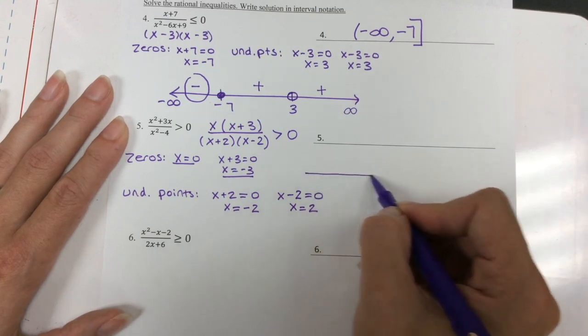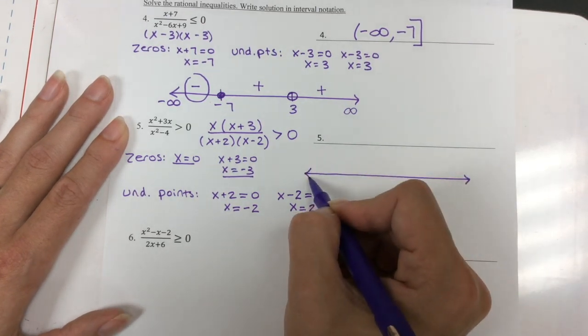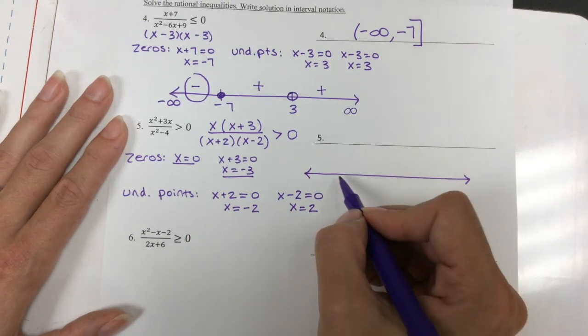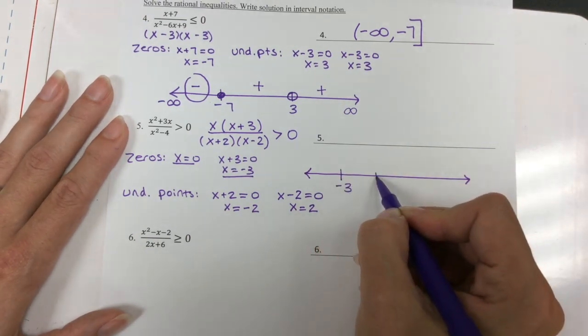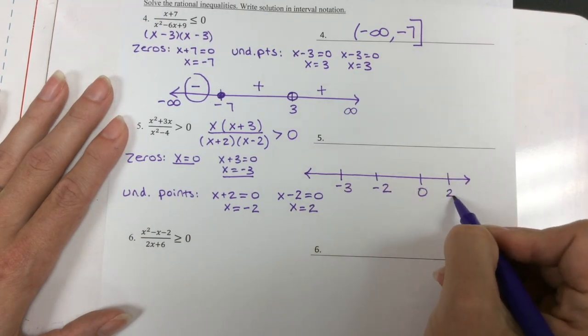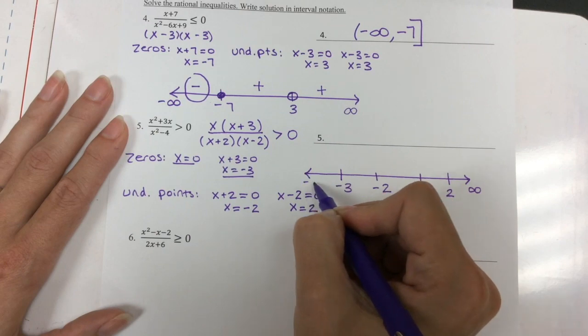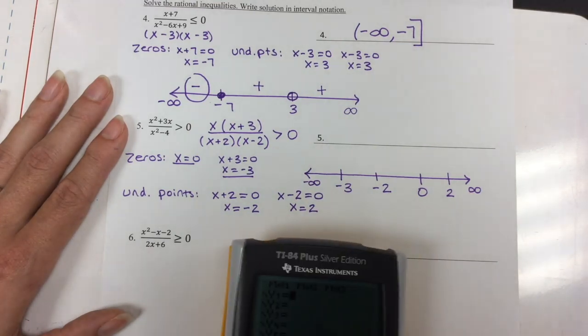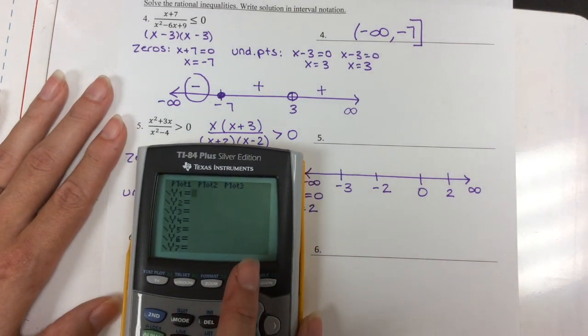Next, I'm going to go to my number line. And I'm going to plug all those points into my number line. Make sure you're in numerical order. So -3, -2, 0, and 2. This is positive infinity and this is negative infinity. And now we're going to go to our calculator and we're going to put in our original function.